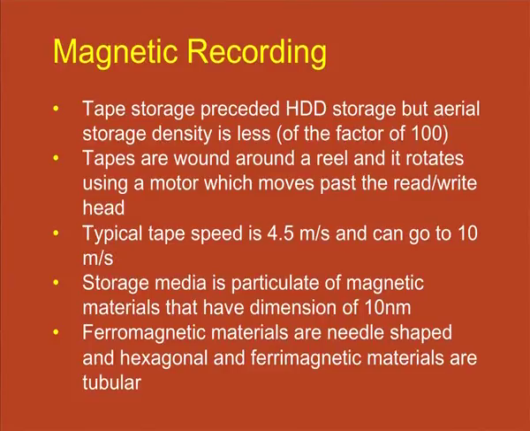The storage medium is basically particulates of magnetic materials that have dimensions of 10 nanometers, and these particulates are either ferromagnetic materials, which are needle shaped or hexagonal shaped, or ferrimagnetic materials, which are tubular in shape. These particulates are present on top of a polymer material.